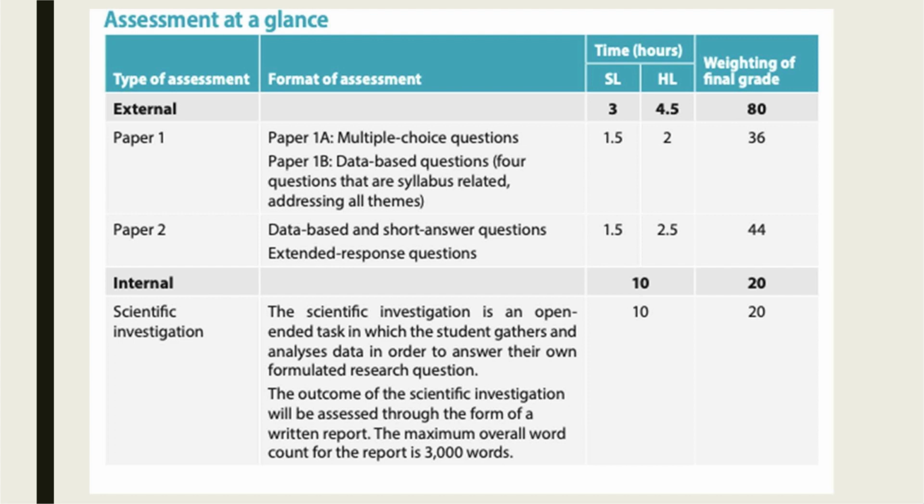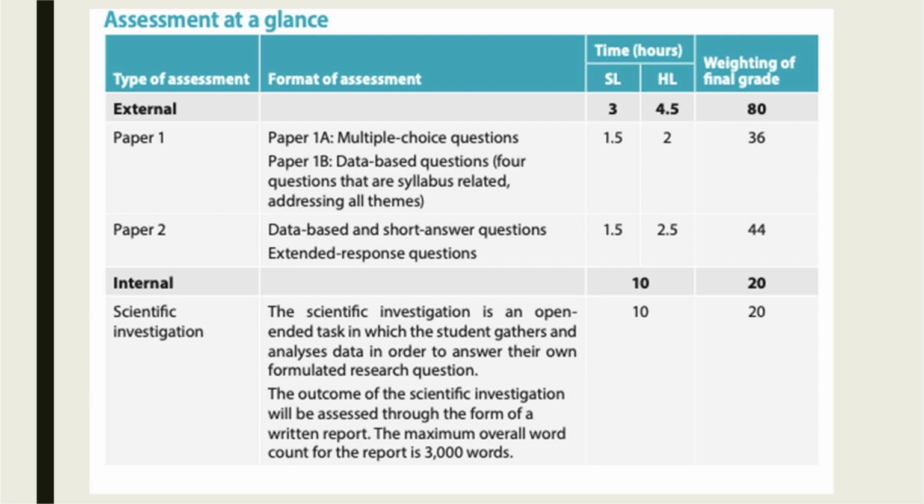That's 4 questions that are syllabus related, addressing all themes. You are given 1 hour and a half for SL learners and 2 hours for HL learners. In paper 2, there are data-based and short answer questions and extended response questions. That 1 hour and a half is given for the SL learners and 2.5 hours are given for the HL learners.